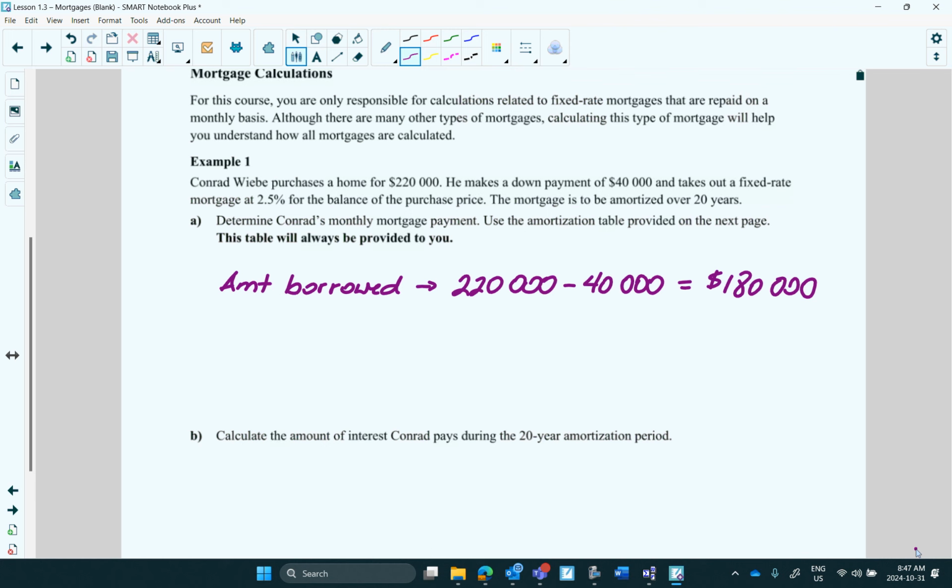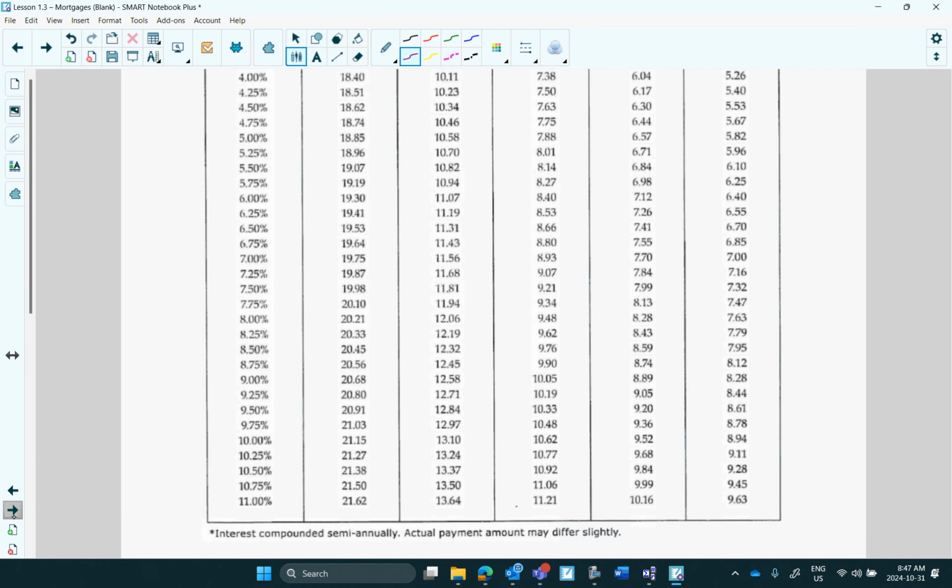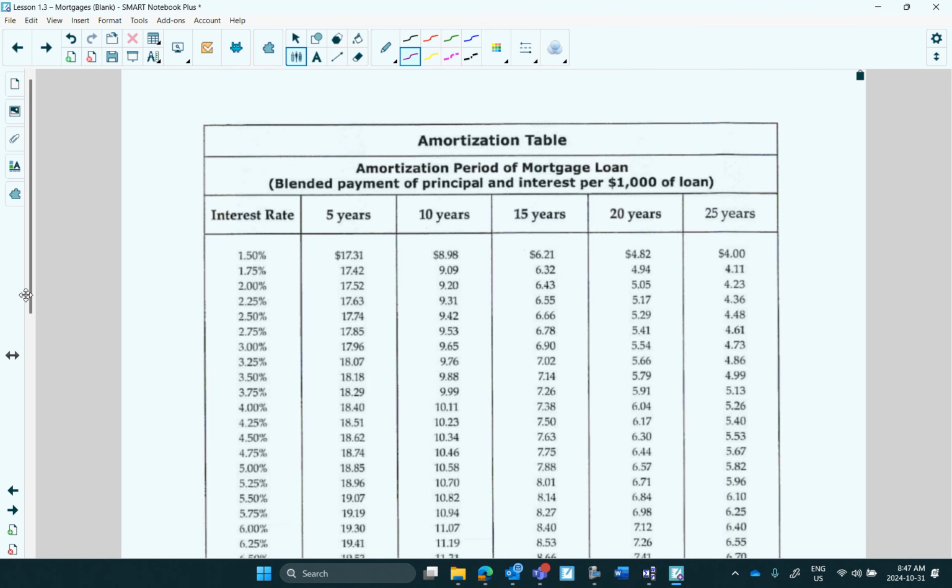Now we've got to use the table to figure out how much he's paying per month. For every $1,000, remember this payback table is for every $1,000 that he borrows. Okay, so we go to 2.5%. He's spread out the loan over 20 years. So we're looking at, he's going to pay $5.29 for every $1,000 he borrows.